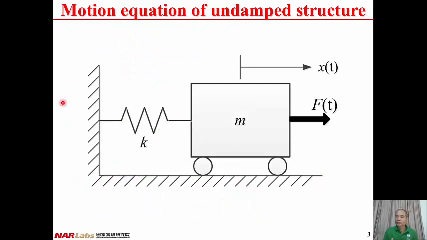A single degree of freedom structure can be modeled by mass and spring. m is the mass of the structure, and k is the stiffness of the structure. And F(t) here is the external force applied to the structure. Because it's a single degree of freedom, the displacement of the structure can be represented by only one variable, x(t).